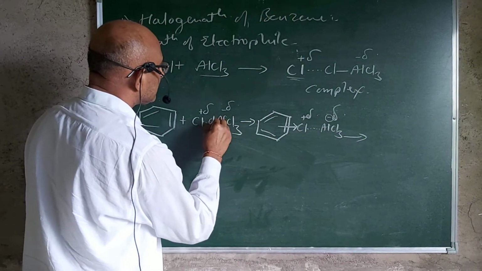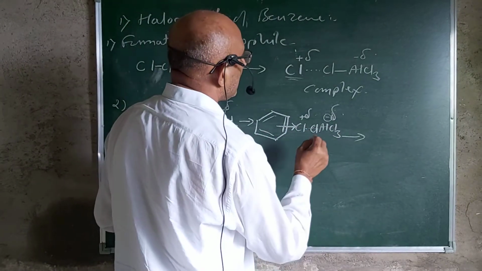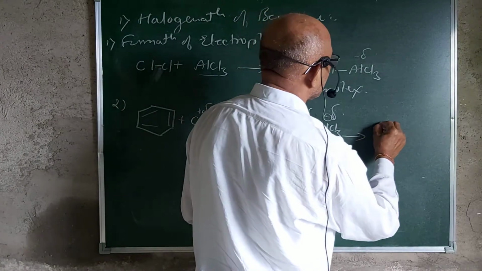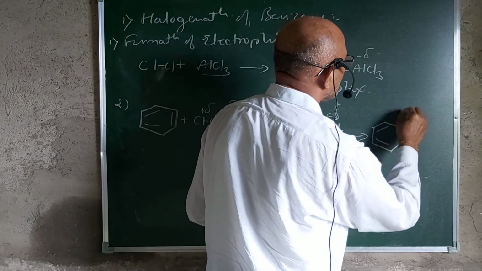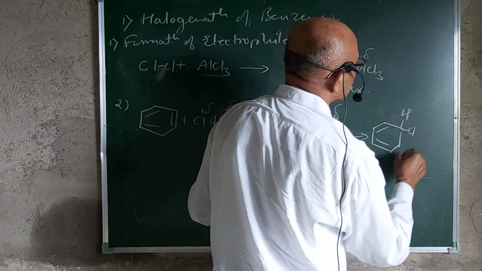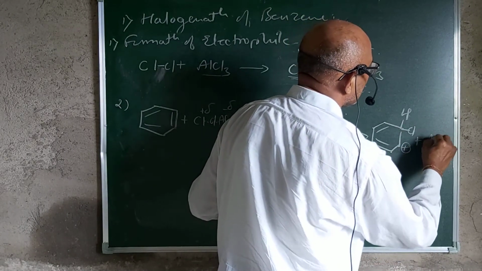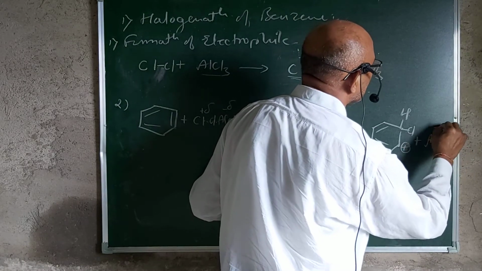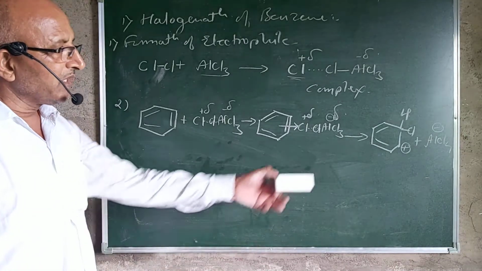Here it is Cl, here it is Cl, and so here you will get the formation of a sigma complex in which HCl plus formation of a carbocation and overall AlCl4 minus, that is the conjugate base, is being formed in this reaction.